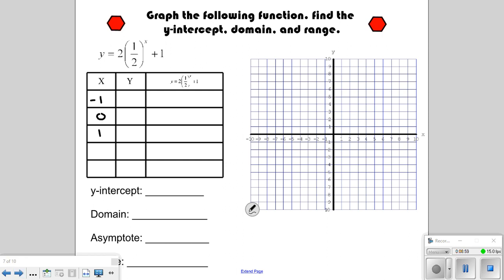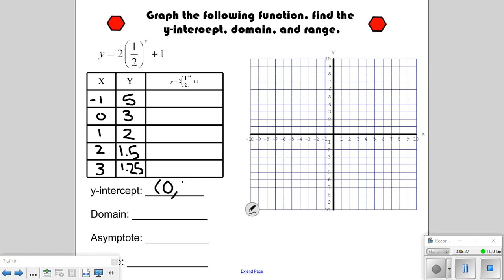It really doesn't matter where you start your table. You could start it at -2 if you wanted to. I just like to start it at -1. There's no real rule for that. So my y values are 5, 3, 2, 1.5, and 1.25.